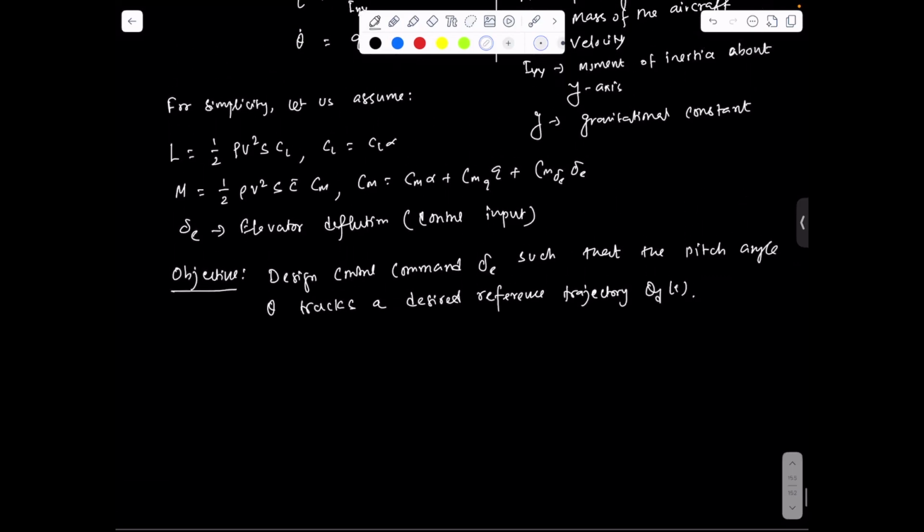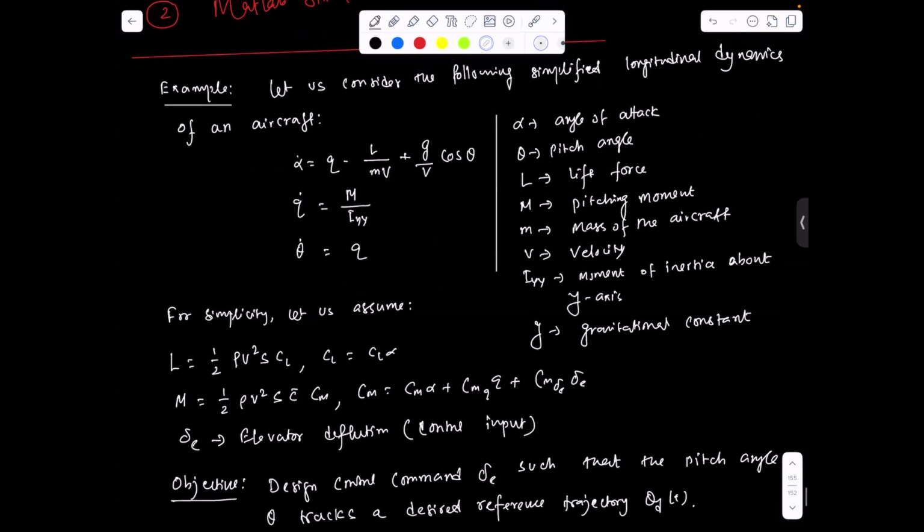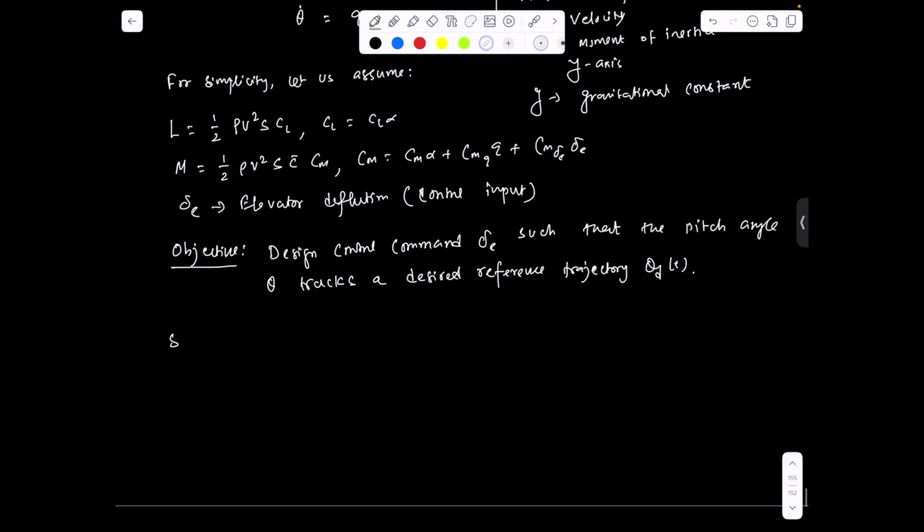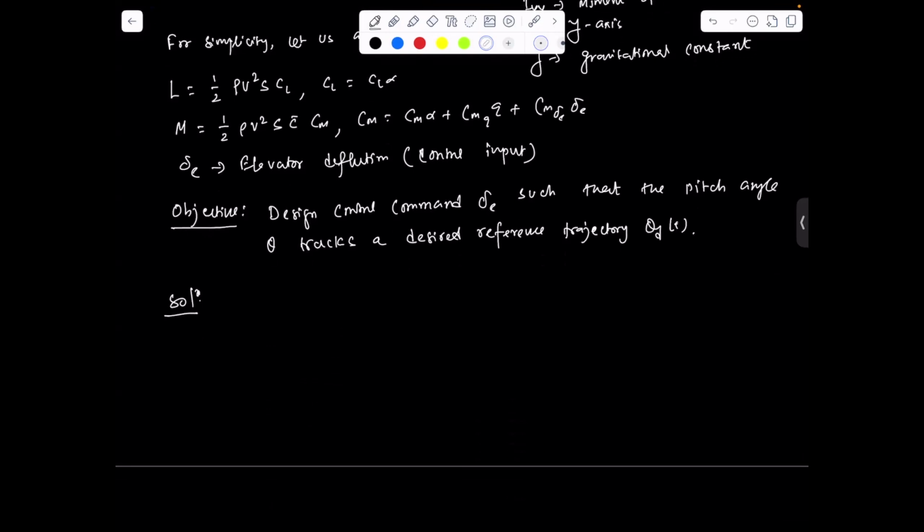So let's start the problem, how we can tackle it to design the control for this dynamics. Now let us define the tracking error. Since we have the desired dynamics here, we need the tracking error, and that error variable will be one of the states of the system.